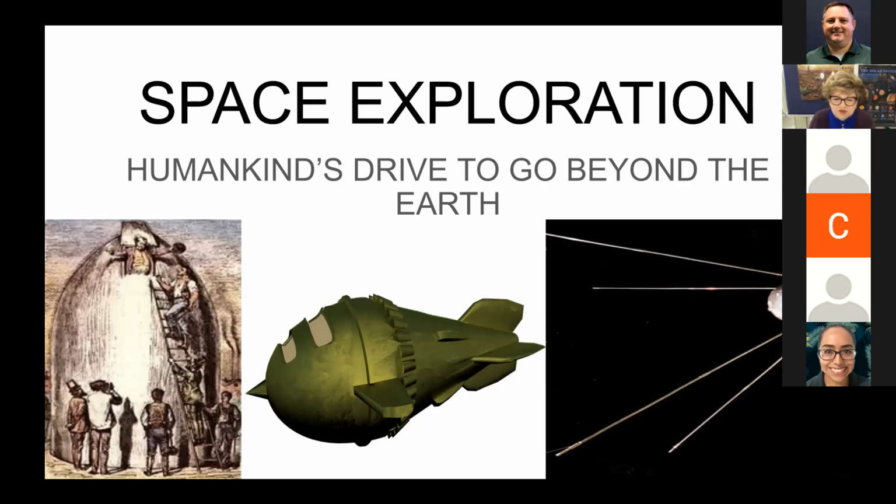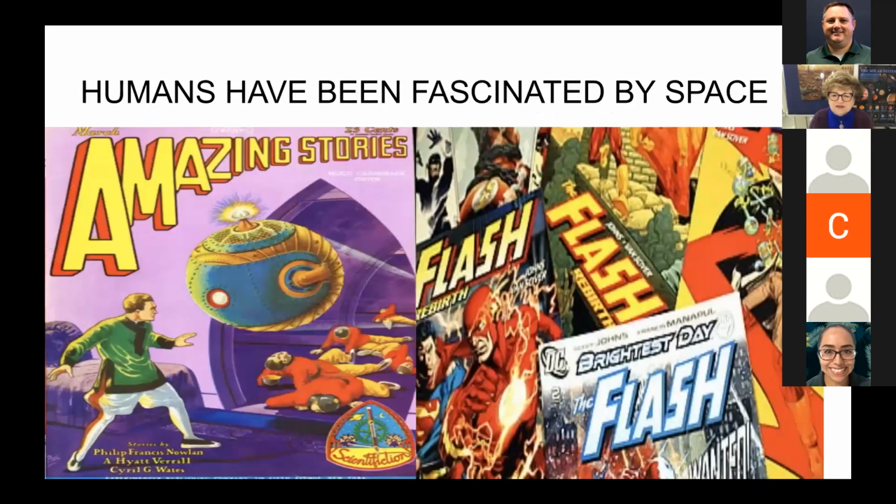And then in the middle, you see Flash Gordon's spaceship, and over on the right is the first artificial satellite set in orbit around the Earth, Sputnik. Now let's talk a little bit about our fascination with space. Just like Mr. Monroe talked about lying out in the yard at night in the country looking up at the stars and wondering what was out there, people have wondered for a long time how we can go to space.